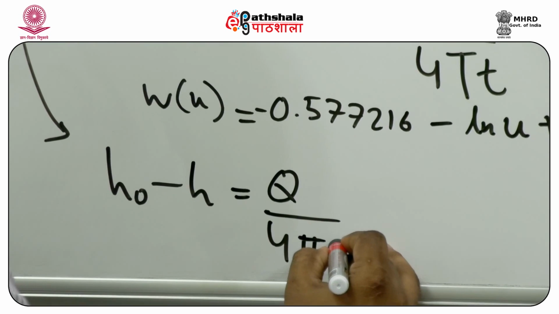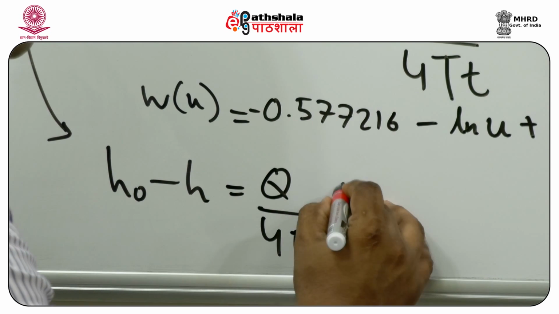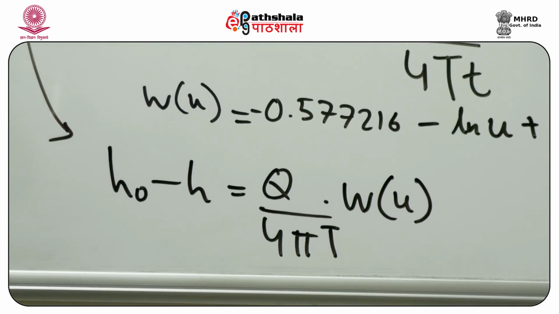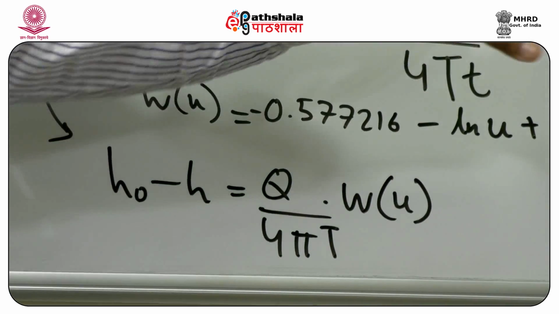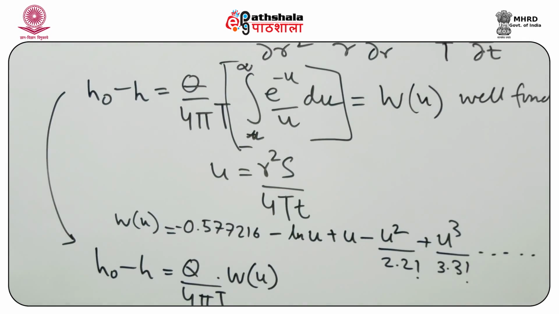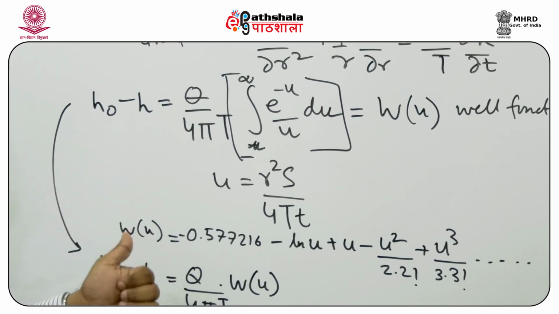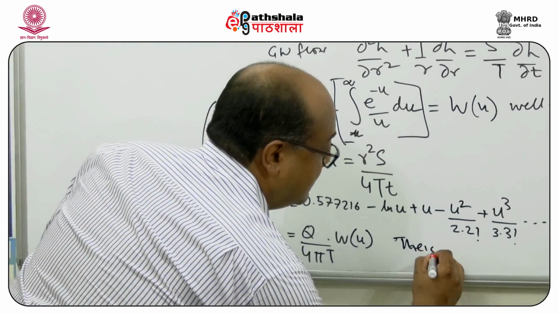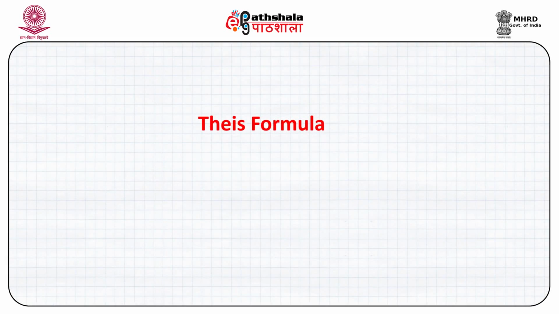So instead of the integral part, I wrote W(u). Just to reiterate, this is known as the Theis formula.